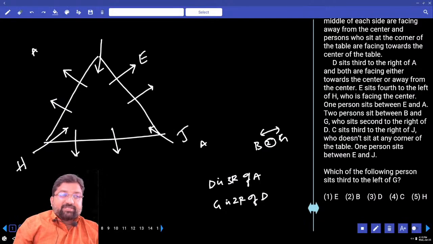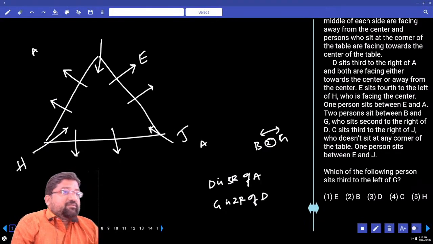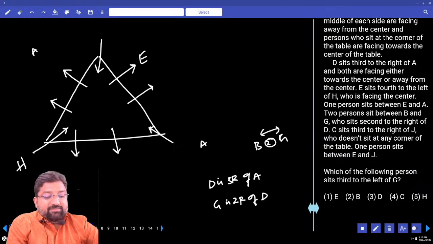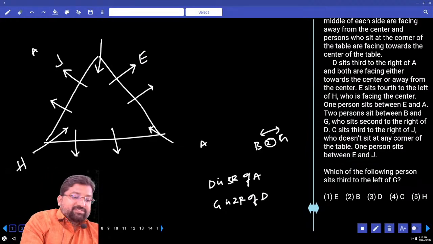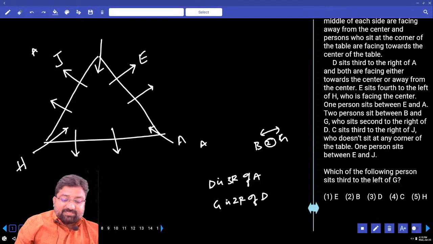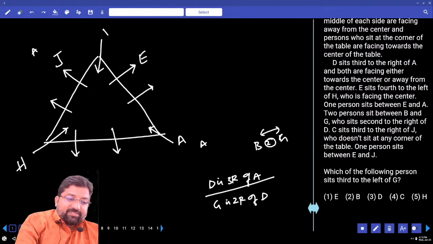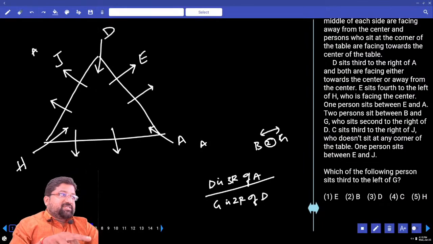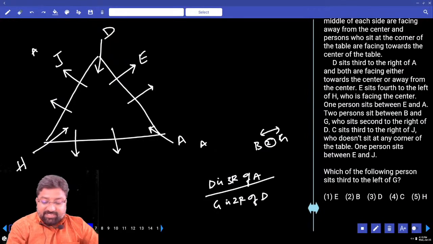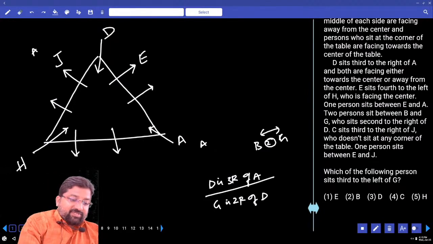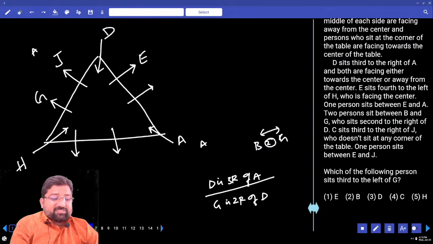If I put J here, I am committing a mistake. Why? J is not sitting at any corner. The story is over. This is J, and then definitely this is A. D is third to the right of A. Both of them are facing the center or away from the center. That fits. Looking at D, we have to fix G. G is second to the right of D. How many persons between B and G?